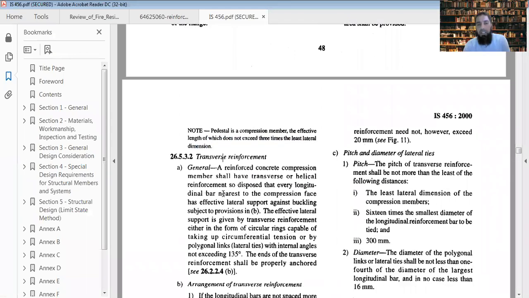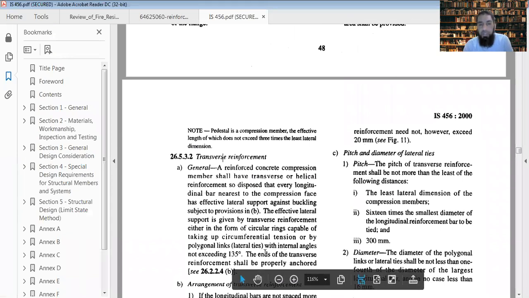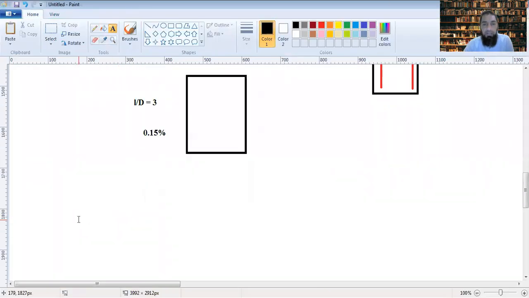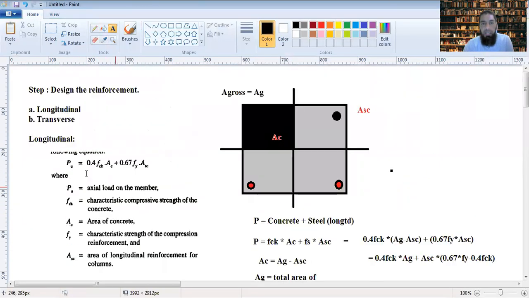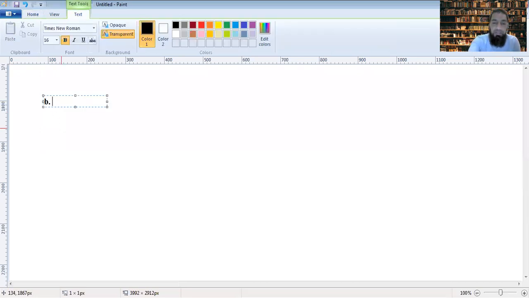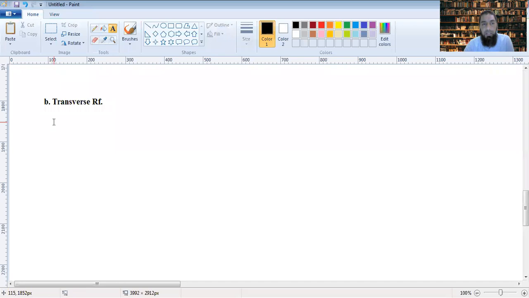Now, after the longitudinal bar comes the transverse reinforcement. How is the transverse reinforcement provided? This was about the longitudinal. Part B is the transverse reinforcement. How do we provide it?